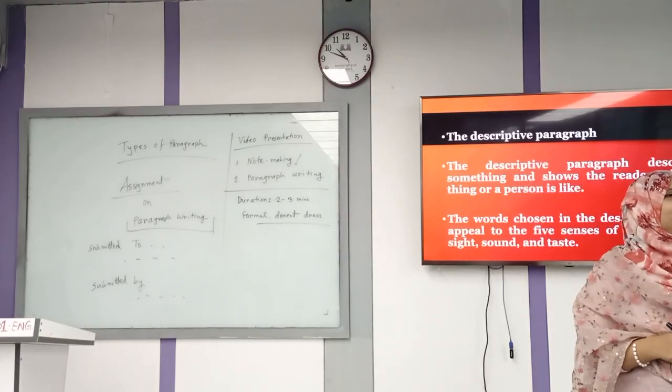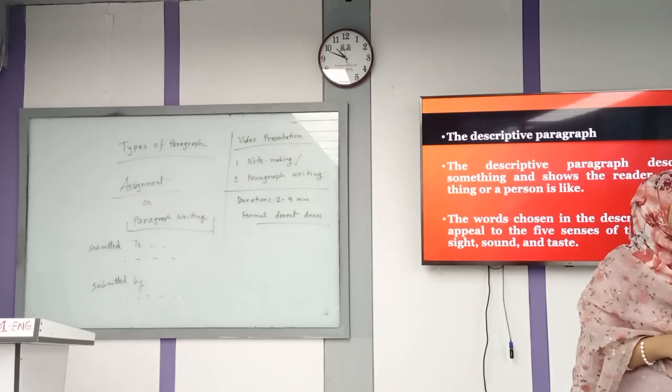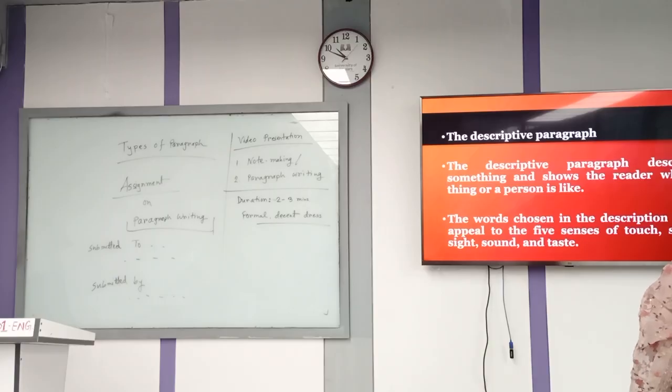I think most of you went to the Lalbagh Killa. Okay, so if you are asked to write about a historical place, you have to describe the place. This is the descriptive paragraph.